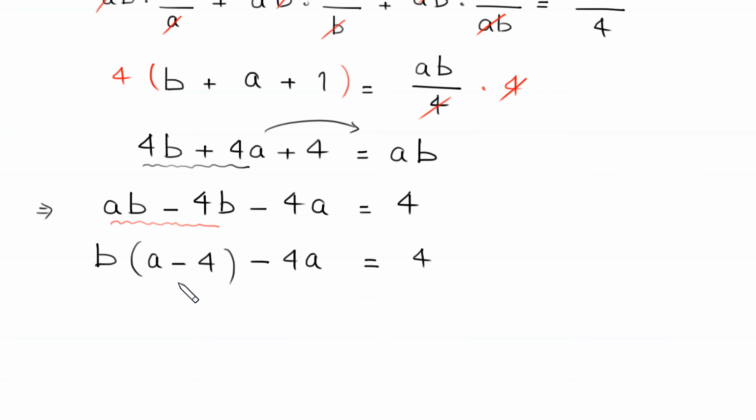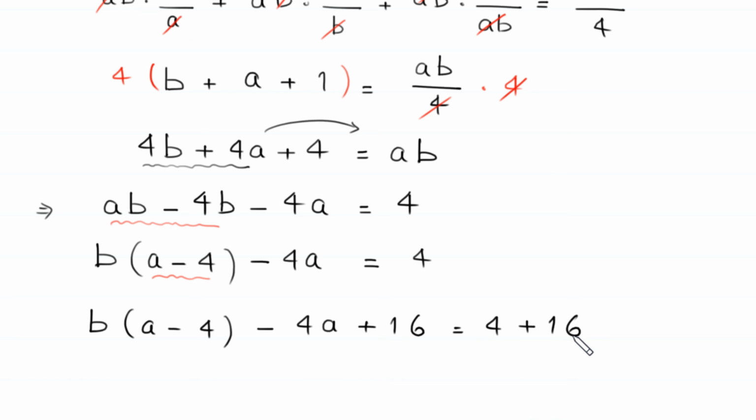Now because here we have a - 4 as a factor, so we add 16 to both sides. This will become b(a - 4) - 4a, we add 16 at the left hand side, is equal to 4, and we add 16 at the right hand side.